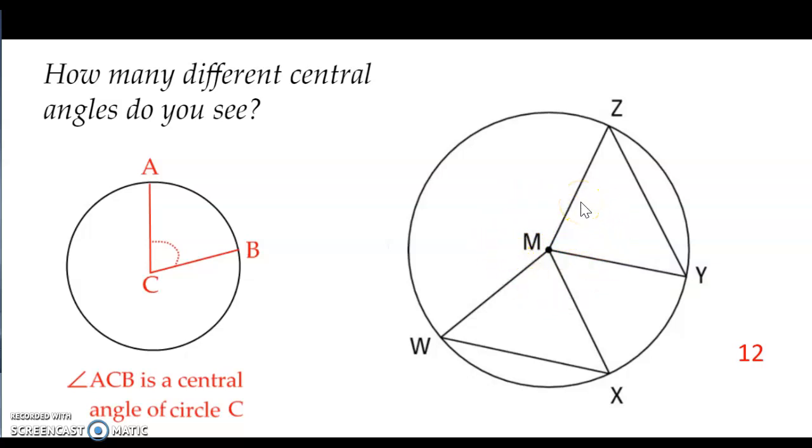And then on top of that, I can connect 2 of the central angles together to form a new central angle. So that's 1, 2, 3, and then 4. So I actually count 12 central angles altogether.